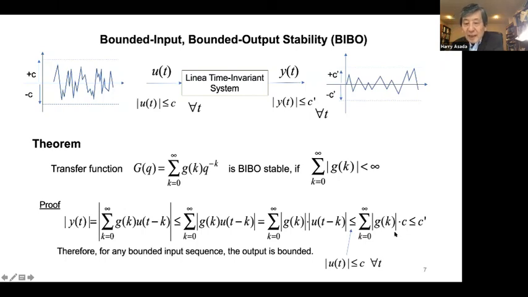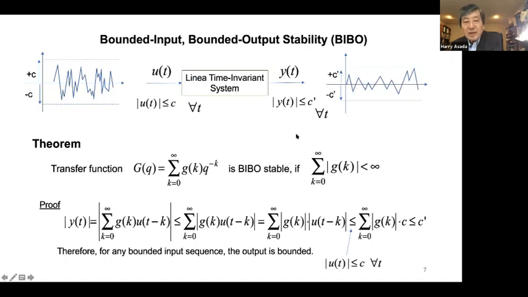See this guy, and then if this term is basically bounded, that's assumed here. This is the assumption. If this one is bounded times a constant, it's also bounded. Right. So we just showed that the output is bounded. So that actually meets this definition.